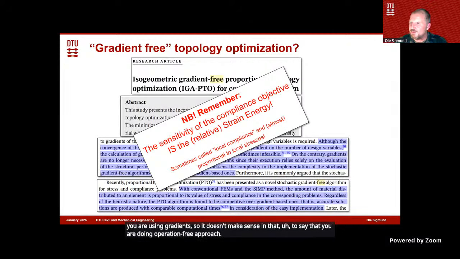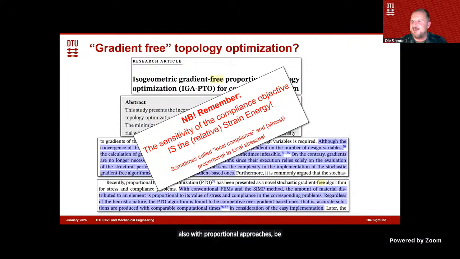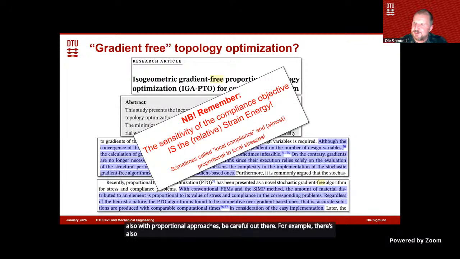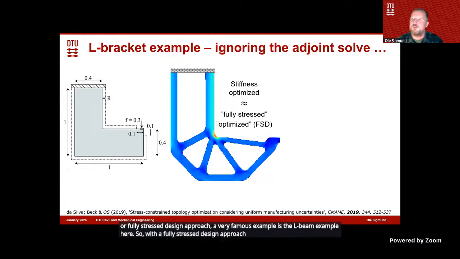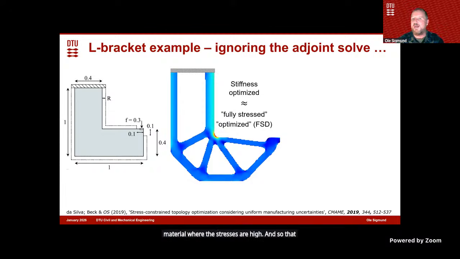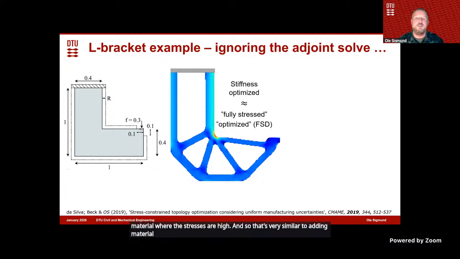Also, with proportional approaches, be careful out there. For example, there's also the fully stressed design approach. A very famous example is the L-beam example here. A fully stressed design approach means that you compute the stresses in the structure and then you add material where the stresses are high. That's very similar to adding material where the strain energy is high.